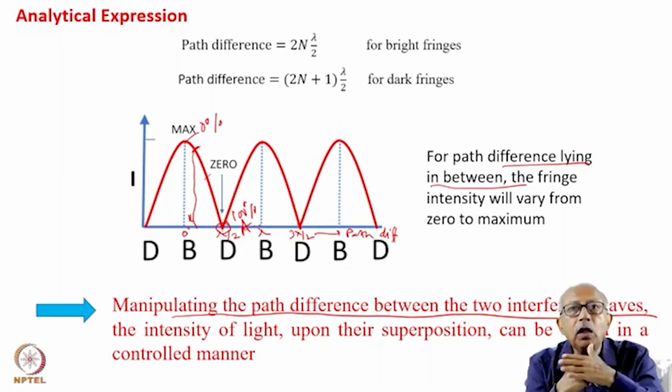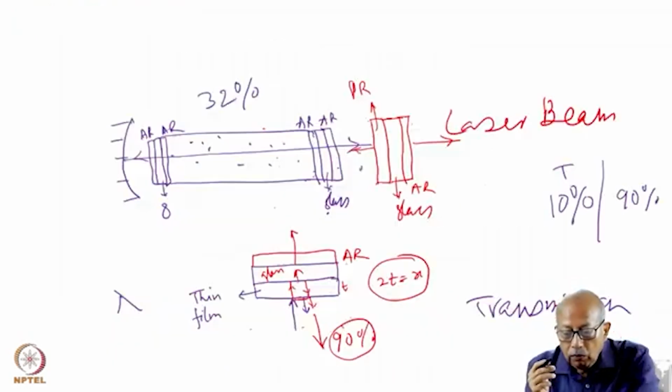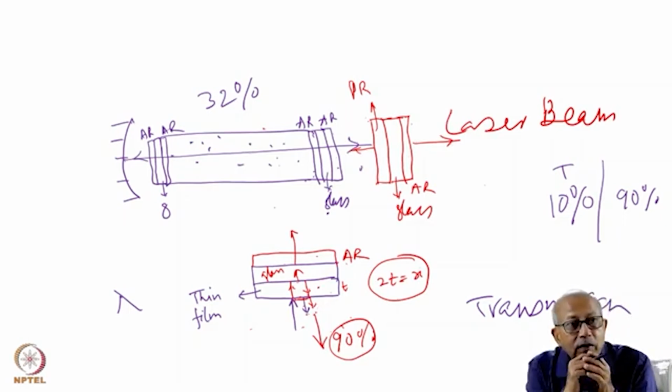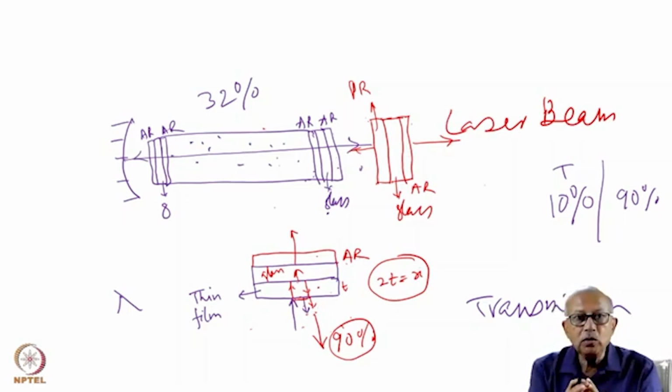Then only there will be total annihilation. So, for that to happen, we must choose the refractive index of this dielectric material in such a way that the intensity of the reflection components that eventually come out is the same. But let us not go into detail.